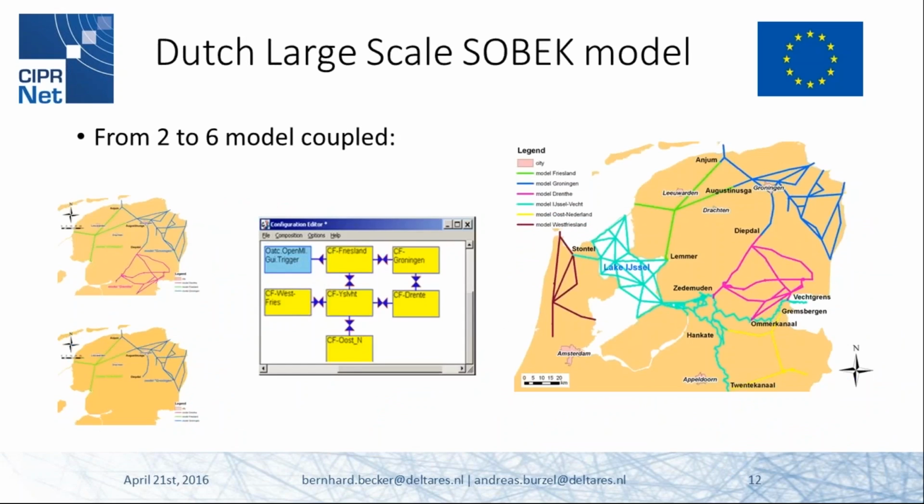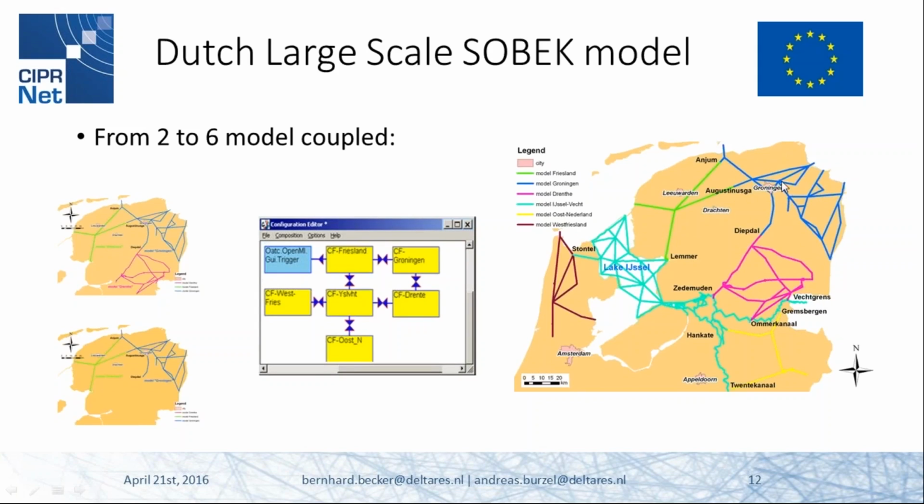Then we have another case. It's again coupling of models of the same type. We have a large-scale SOBEK model for the Netherlands. Here, this is again the north of the Netherlands. And we used to look at this blue model here, Noord-Zuidwest and Friesland from the previous slide. But there are more, but they are all on a coarser grid.